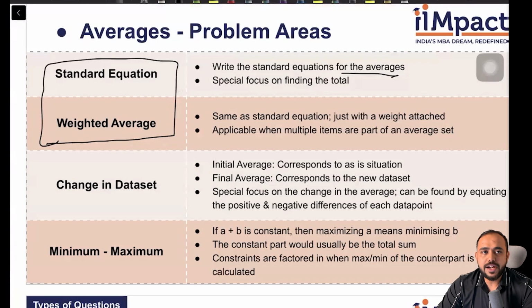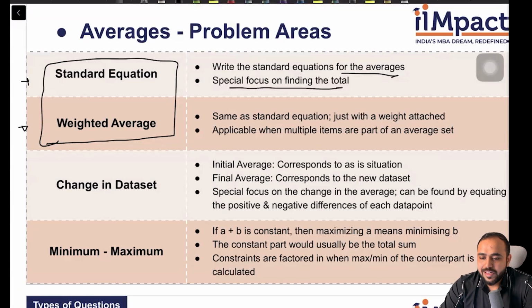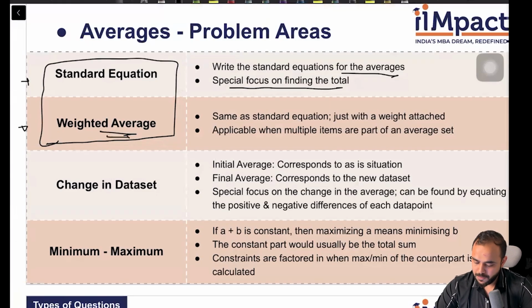So when you do write your equations for arithmetic mean, the thing that you have to focus on, regardless of what the question is asking you for, in most scenarios would be the total value, because that total value of the sum is the thing on which further statements in the word problem will play. Weighted average would be a special case of making standard equations.